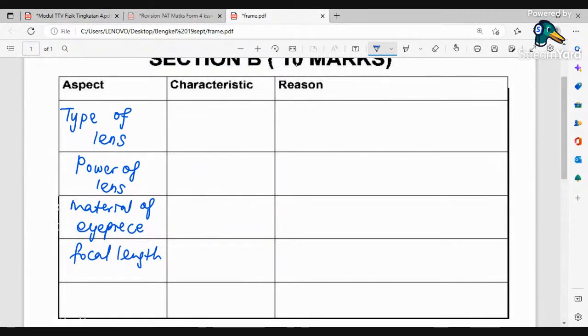Okay, type of lens is convex lens. Power of lens must be higher. Material of the eyepiece, plastic. Focal length must be shorter. Okay, reason type of lens is ialah convex.